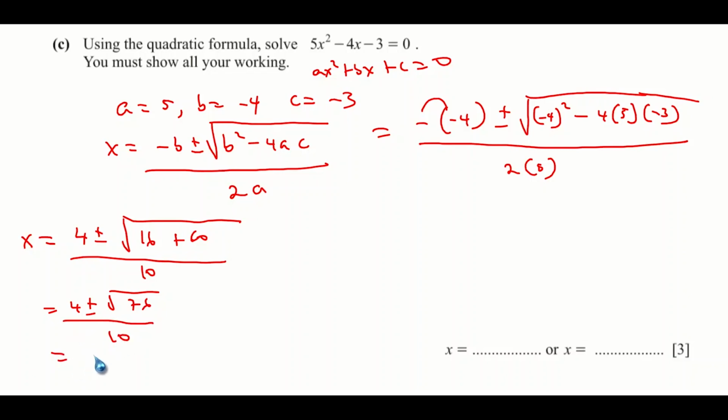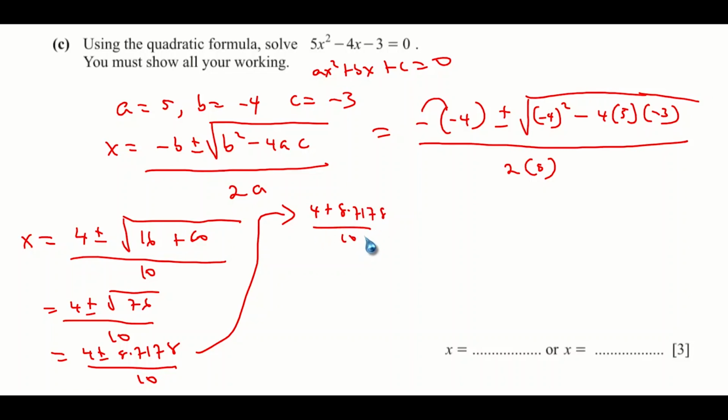So this should be equal to 4 plus or minus square root of 76, which is 8.7178, over 10. From here you can just continue like this. So this will be 4 plus 8.7178 over 10, or 4 minus 8.7178 over 10.